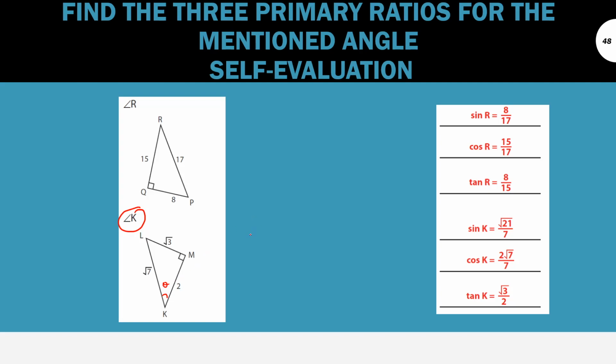I won't be showing you how to work surds out in this video. We can do that in another video. I'm just going to show you so that you know that you use the right sides. So sine of K equals opposite over hypotenuse.